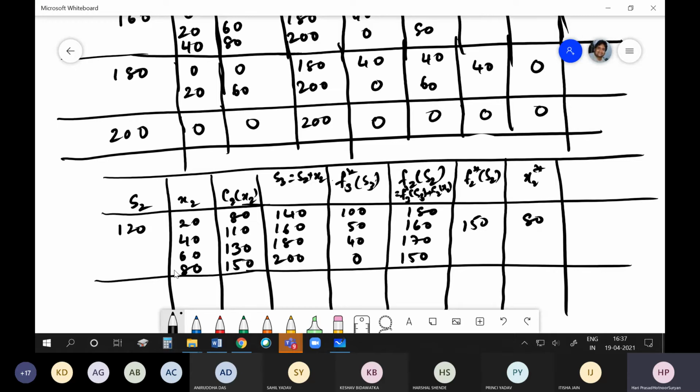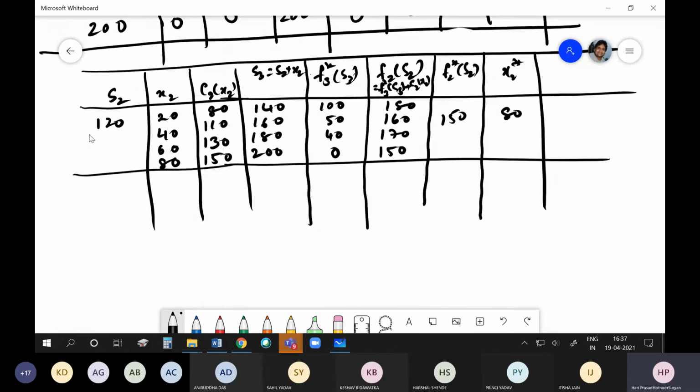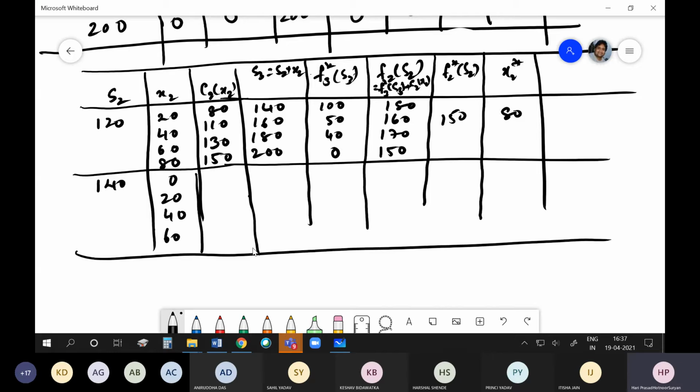Okay, so now if I have 140, what are the possible values? 0 to 60. Exactly, 0, 20, 40, 60. Okay, the cost is 0, 80, 110 and 130. S2 will be 140, S3 will be 140, 160, 180 and 200.